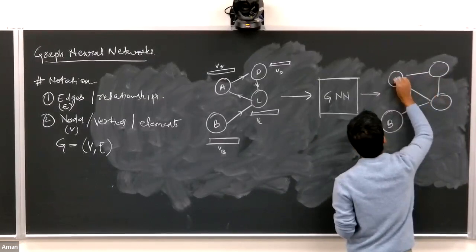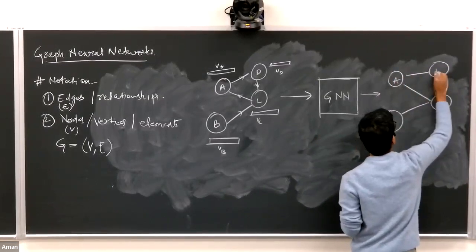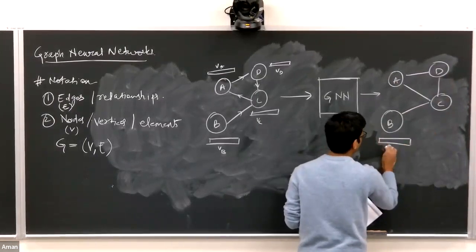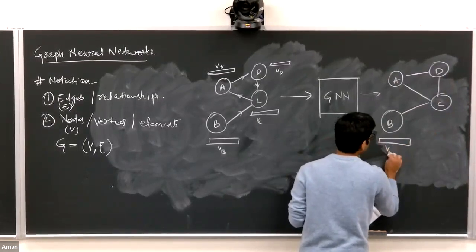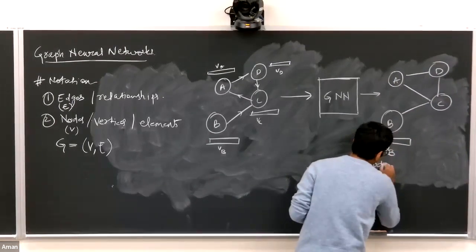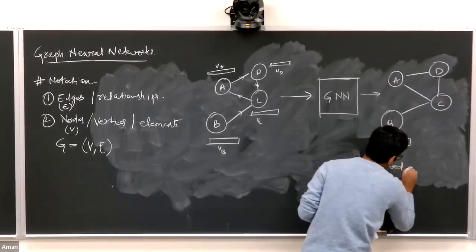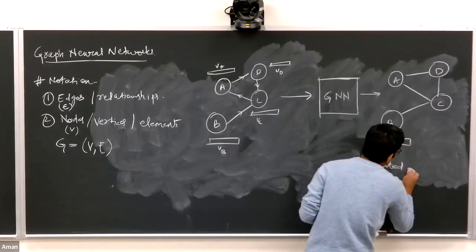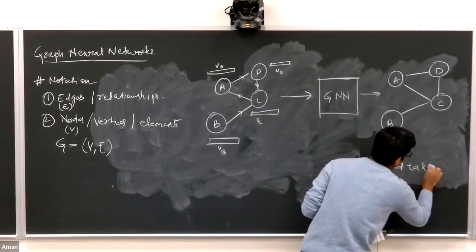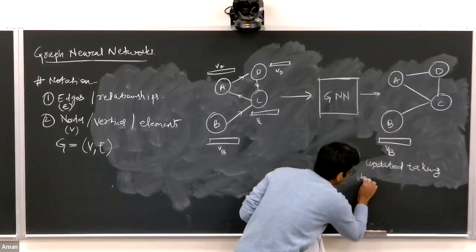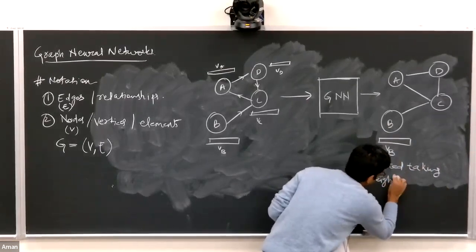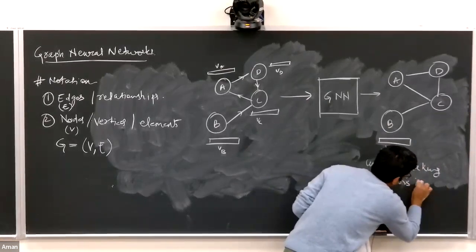But what would have happened now is that the representations of each of these nodes would be updated by taking its neighbors into account.